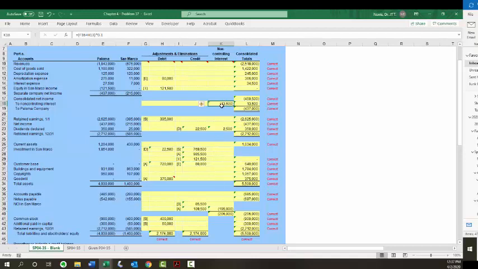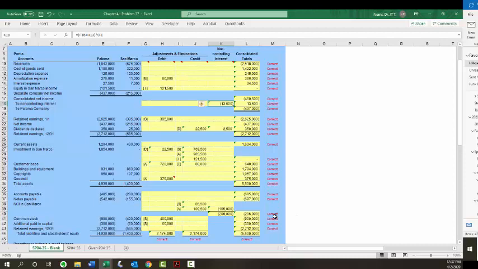And at that point, the sum of this column, non-controlling interest: the $13,500 in separate non-controlling interest income, the $2,500 in dividends that were given to the non-controlling interest, and the non-controlling interest's share of the S and A entry.